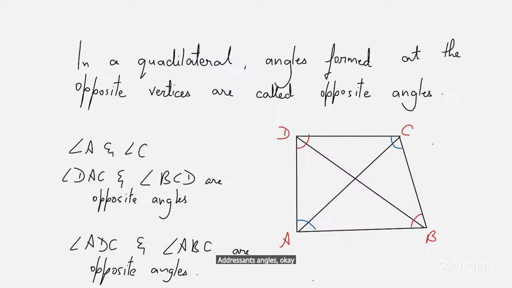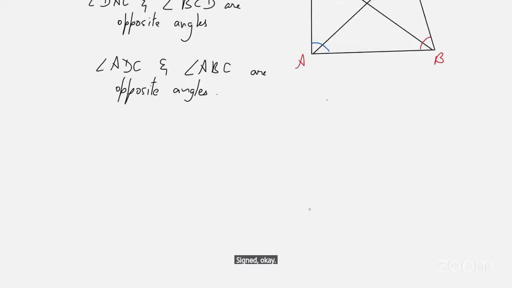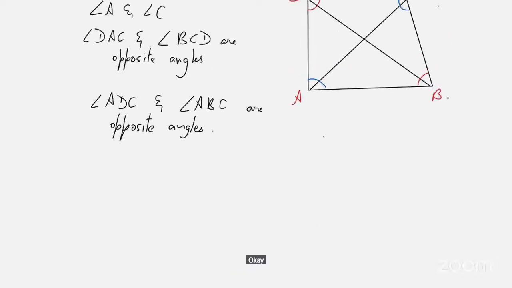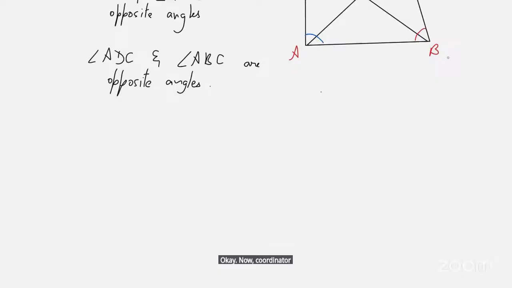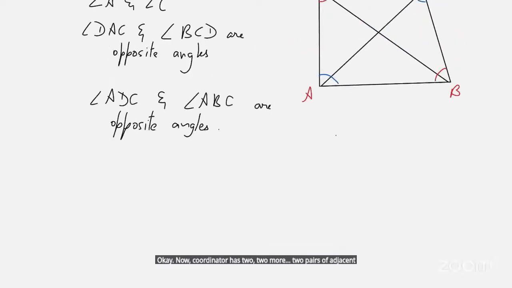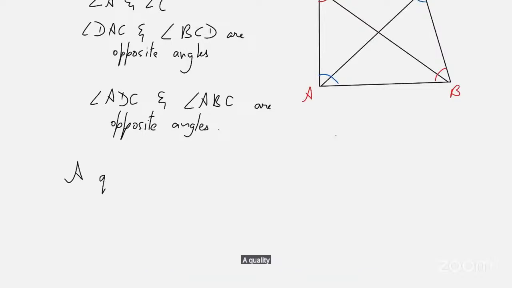Angles that share the same side are adjacent angles. Now, a quadrilateral has two pairs of adjacent angles. Write that down.